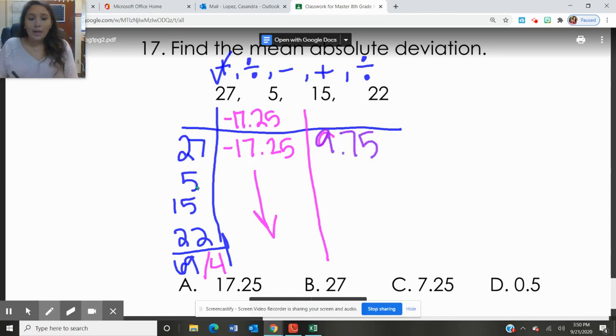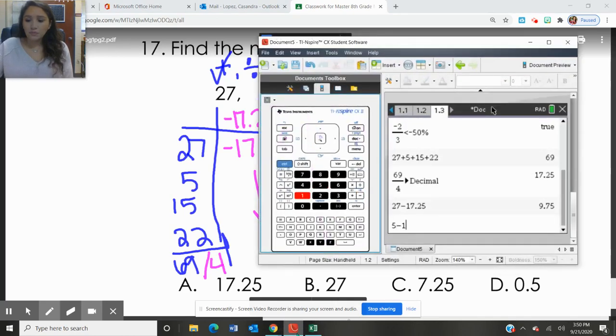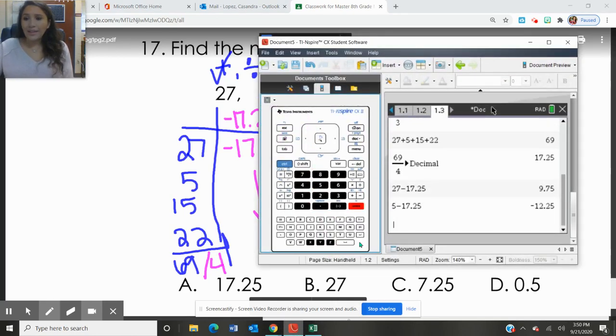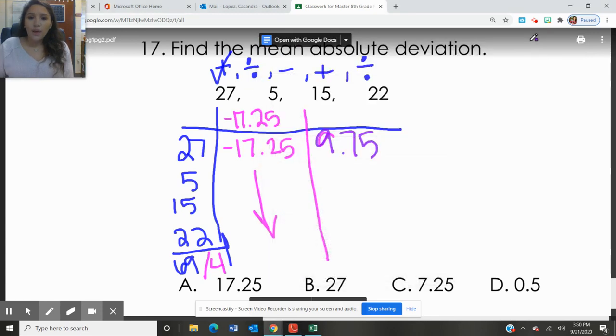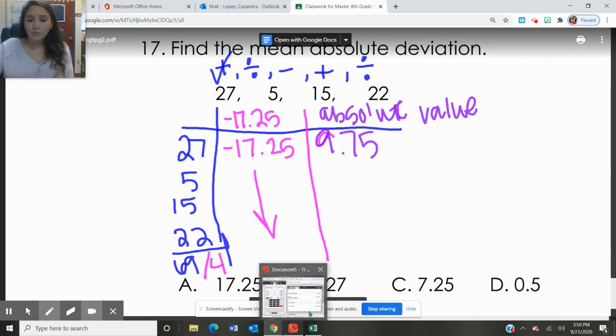Okay. Now I do 5 minus 17.25. And I get negative 12.25. But here we want to know the absolute value. So I'm going to drop that negative, and all I'm going to write is 12.25.